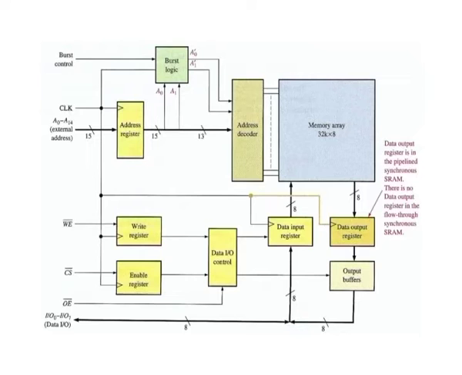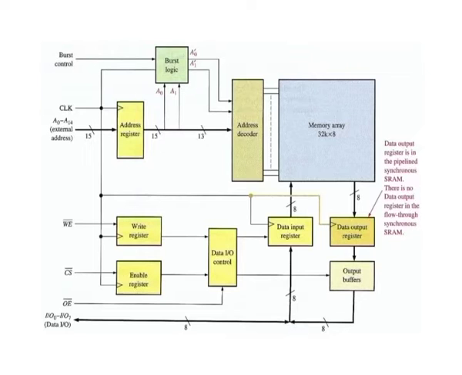The address bits A0 through A14 are latched into the address register on the positive edge of a clock pulse. On the same clock pulse, the state of the write enable line and chip select are latched into the write register and enable register respectively. These are 1-bit registers, or simply flip-flops.